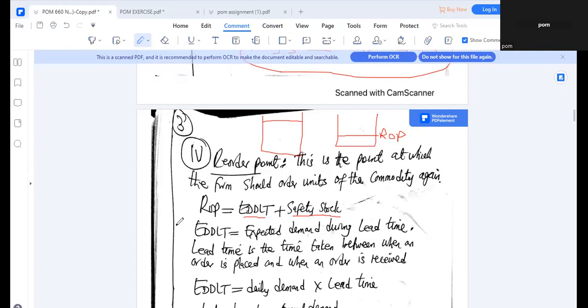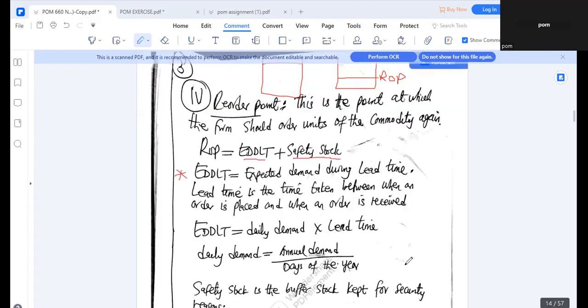So the EDDLT simply means expected demand during lead time. And of course, what is lead time? Lead time is the time taken between when an order is placed and when an order is actually received. Then expected demand during lead time is equal to daily demand multiplied by lead time.